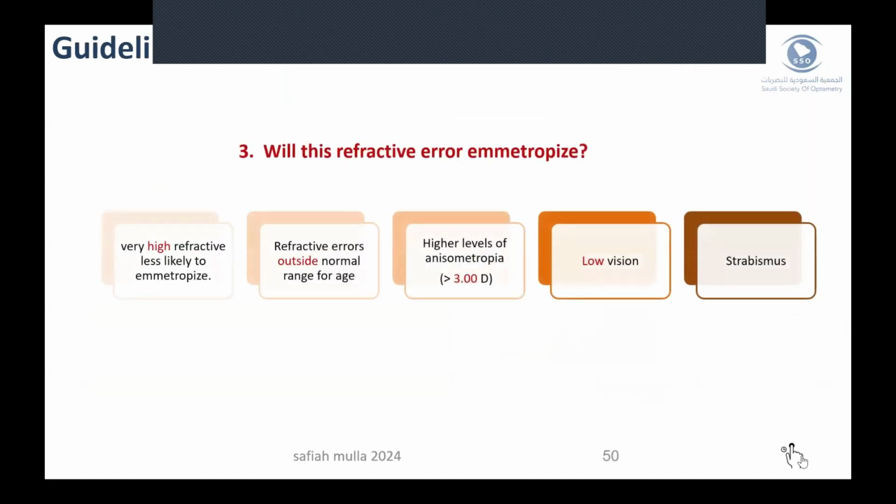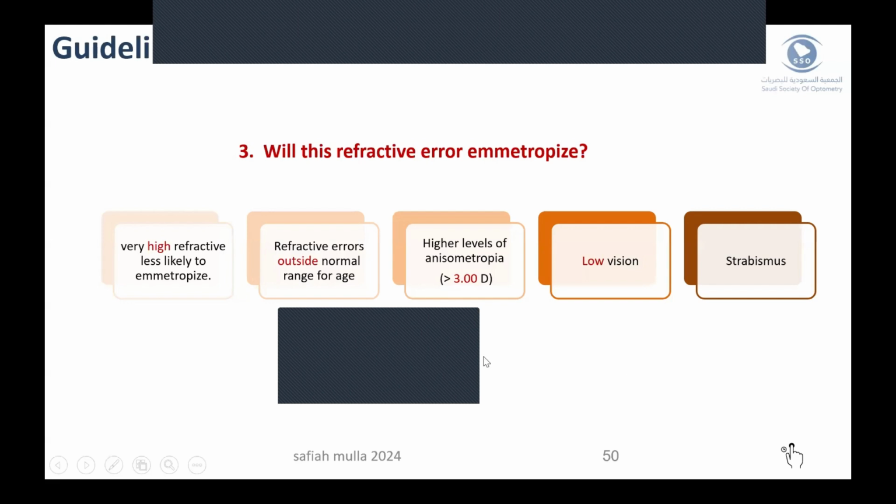So we said if it's a high refractive error, then it will not emmetropize. Also, refractive errors outside the normal range for their age will not emmetropize. If they have a higher level of anisometropia, more than 3 diopters, then you have to intervene because this will not emmetropize in a proper way. If the child has low vision, that means he will not emmetropize.